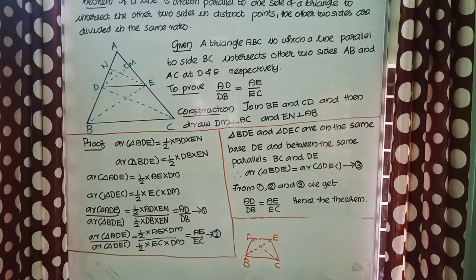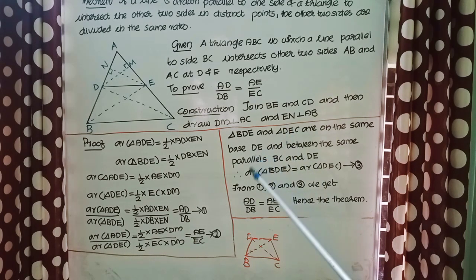Now you see the figure again. You see the triangle BDE and the triangle DEC. Both are lying on the same base DE and both are lying between the same parallel lines DE and BC.